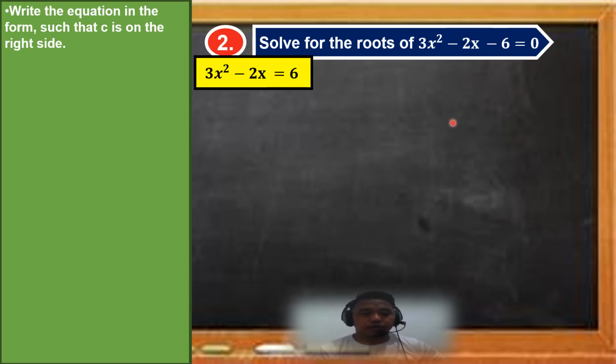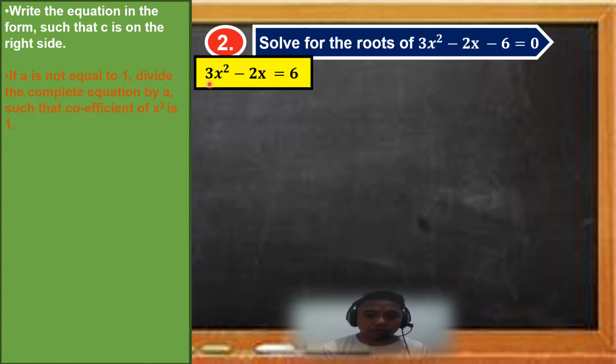Okay, good job. So, next one, anong gagawin natin? If a is not equal to 1, divide natin the complete equation by a such that the coefficient of x squared is 1. So, in completing the square, mahalaga na ang a natin is equal to 1.